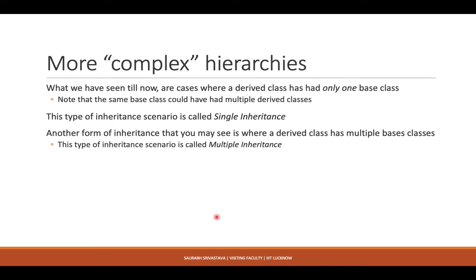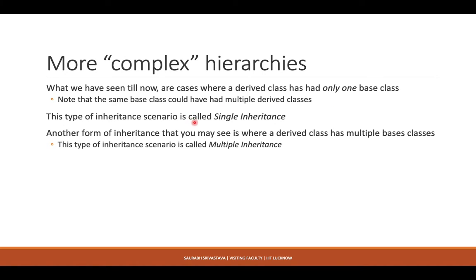Now in these hierarchies that we have seen till now, you would have seen that for every class there was at max one base class, right? At max, as in it is possible not to have any base class, but in case you wanted to have any kind of inheritance, then you inherited from one particular class.